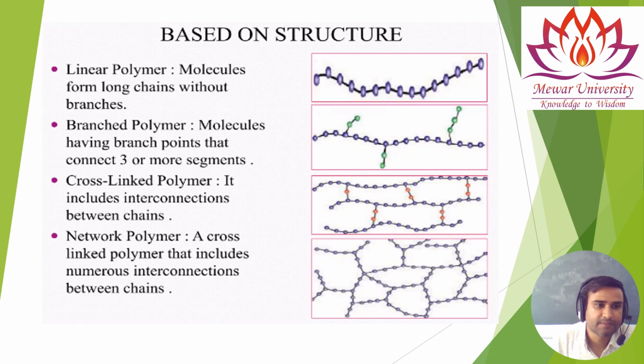Next is network polymer. A network polymer is a cross-linked polymer that includes numerous interconnections between chains. You can see the interconnections are many. Here 1, 2, 3, somewhere 4. So these kinds of polymers are called network polymers.